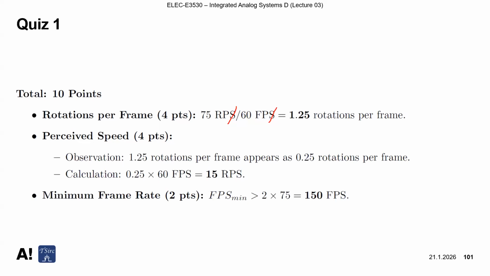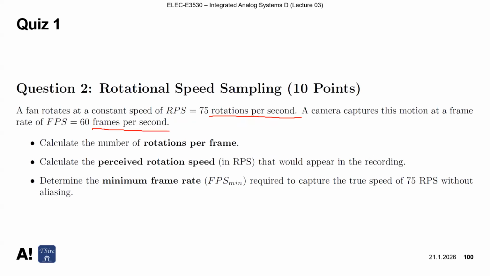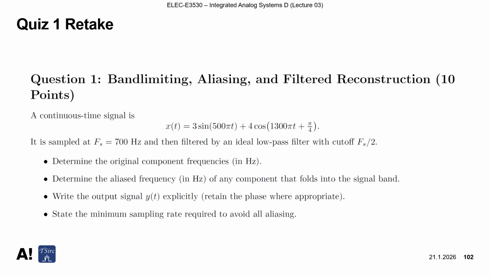So we have checked that most of us students scored almost a perfect score for question 2. And there were also some students who retook quiz 1. And question 1 is a very similar condition, right?